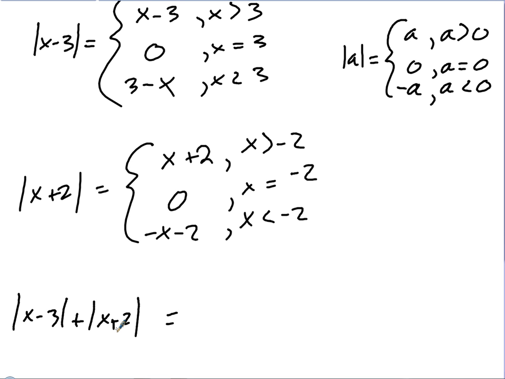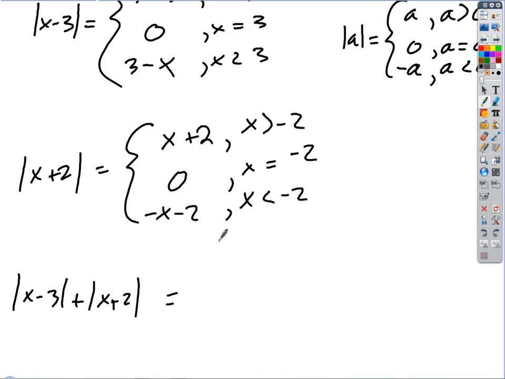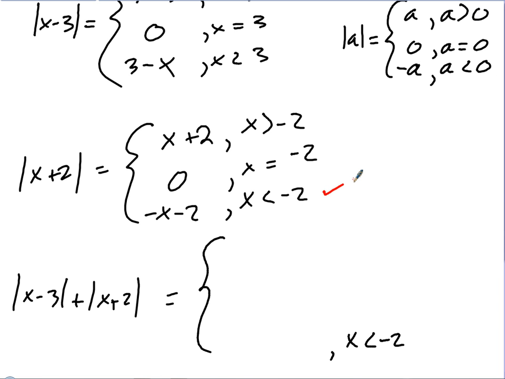When x is, let's start from the left. What's the first change we run into is at negative 2. So when x is less than negative 2, we're going to be walking on this piece of the piecewise function.